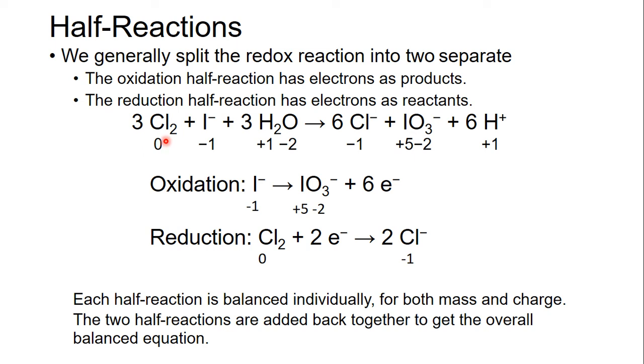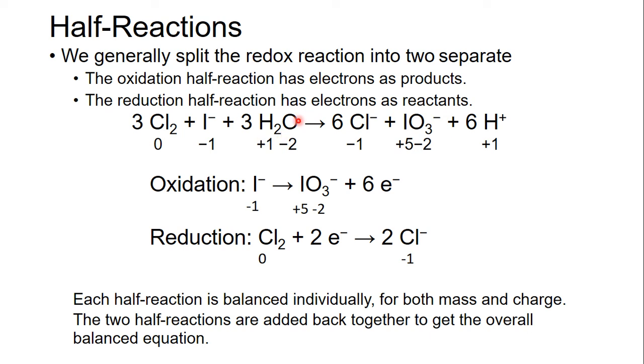If an element is bonded to itself or in its neutral form, it will have an oxidation state of 0. Ions that are charged have an oxidation state equal to their charge. So iodine is negatively charged, so it has a minus 1 oxidation state.